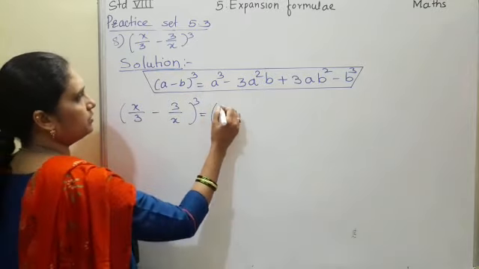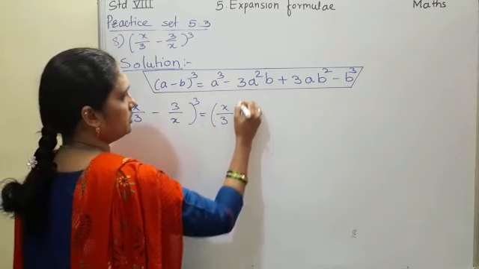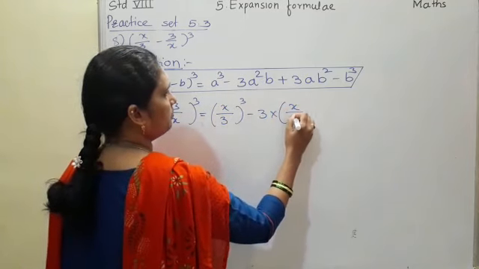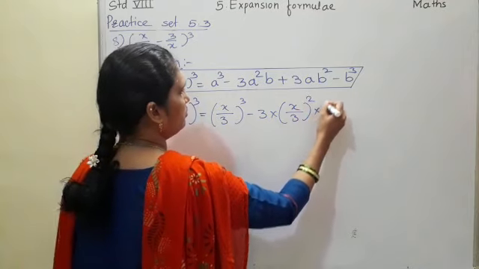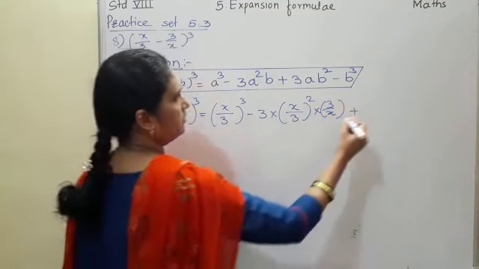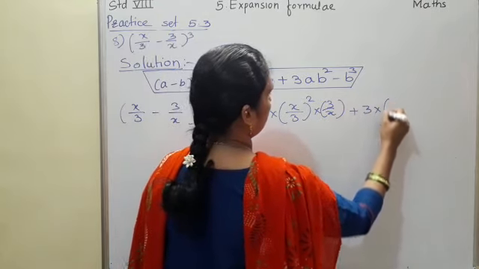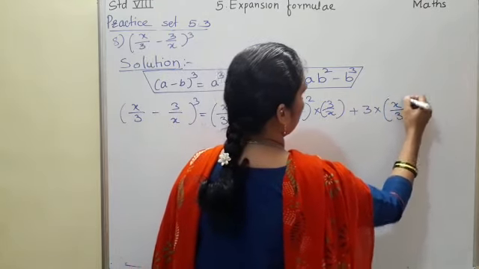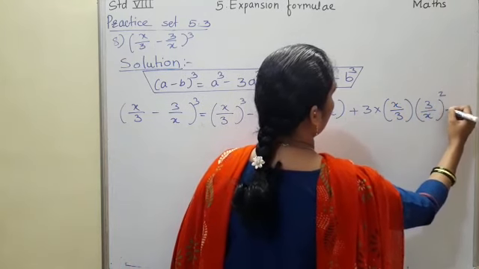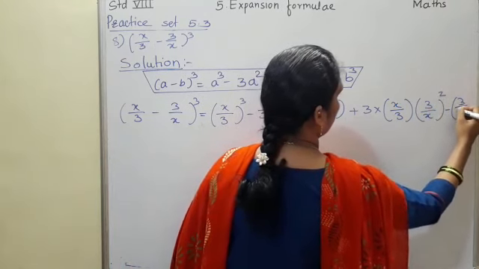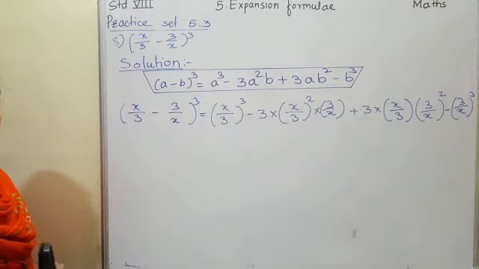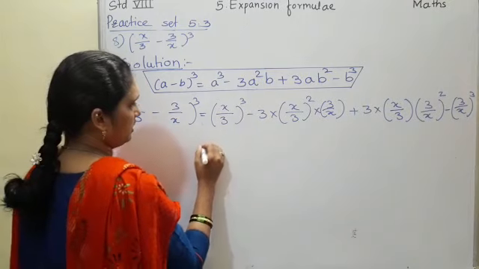First number cube, that is (x upon 3) its cube, minus 3 into first number square into second number, plus 3 into first number into second number square, minus second number cube. This way, if you say it loudly, it is easy to write.